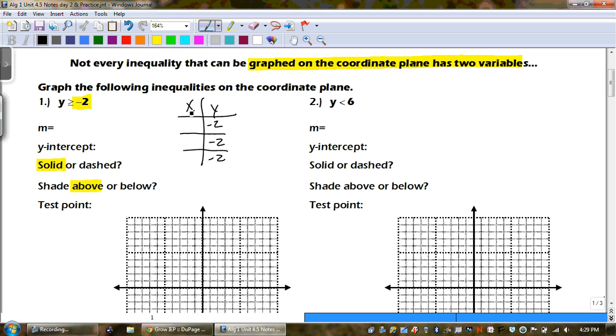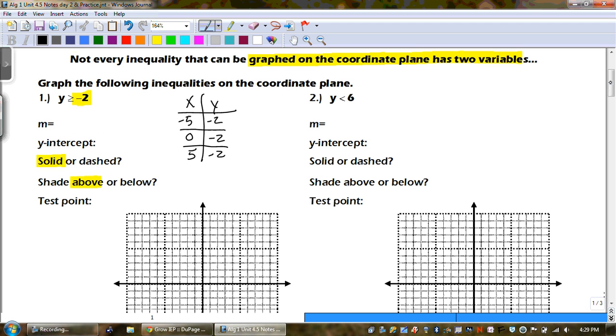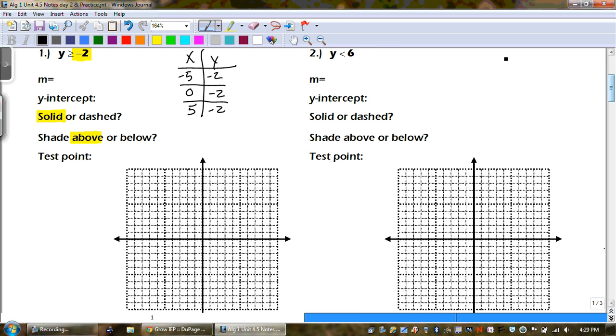I would pick one negative number, 0, and a positive number. Let's graph this out. We have the points -5, -2, 0, -2, and 5, -2. So that's a horizontal line. It's solid.